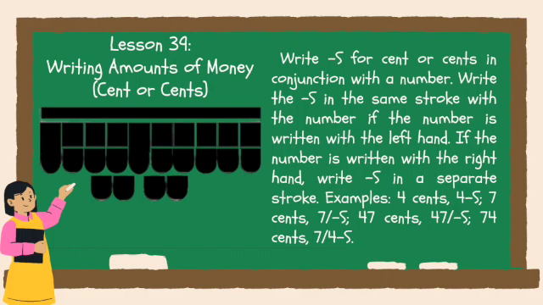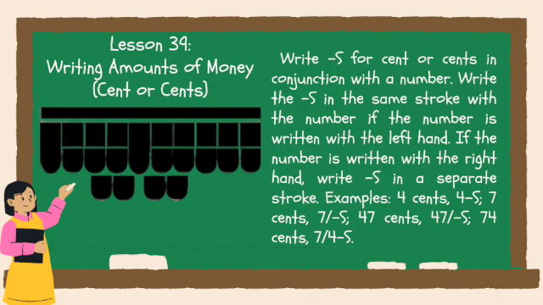How about 7 cents? What finger are you going to use when you write number 7? Right middle finger. With that, you're using your right hand. So you are going to write 7 cents in a separate stroke. So you write first 7 and then final S.